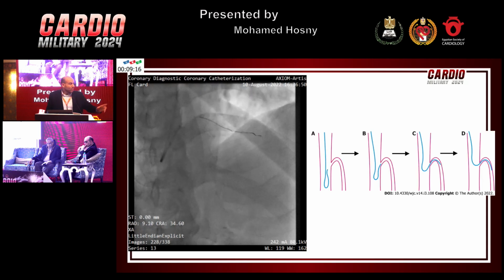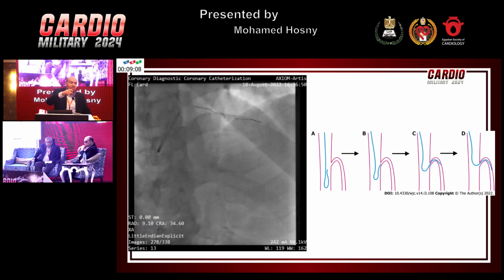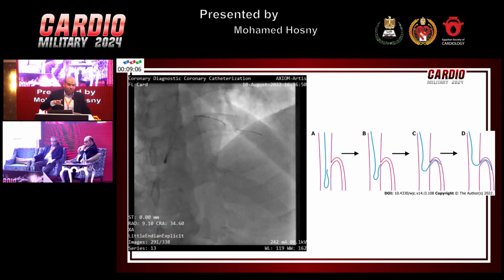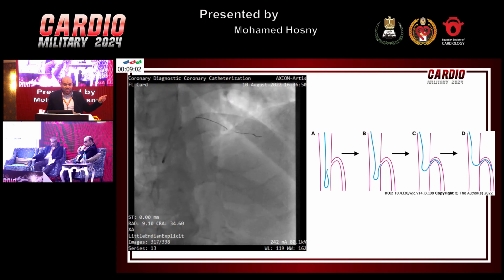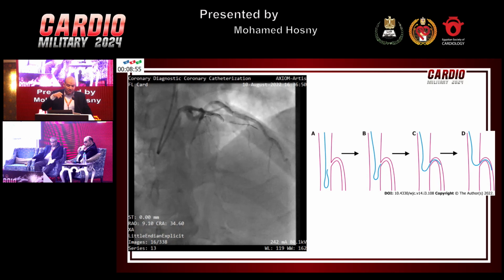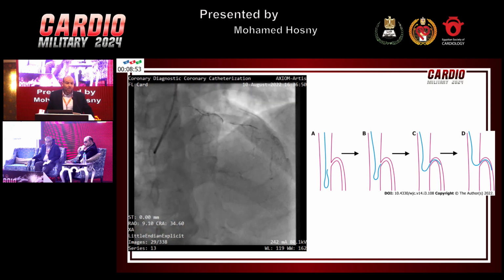But the reverse wiring technique demands that the vessel into which we introduce our knuckled wire must not have any significant lesion that can obstruct our knuckled wire. But in our situation, the diagonal branch had an ostial severe lesion, and we could not pass our knuckled wire like this. We cannot inflate any balloon at the site of the lesion, as you all know, as this will make our life more difficult.